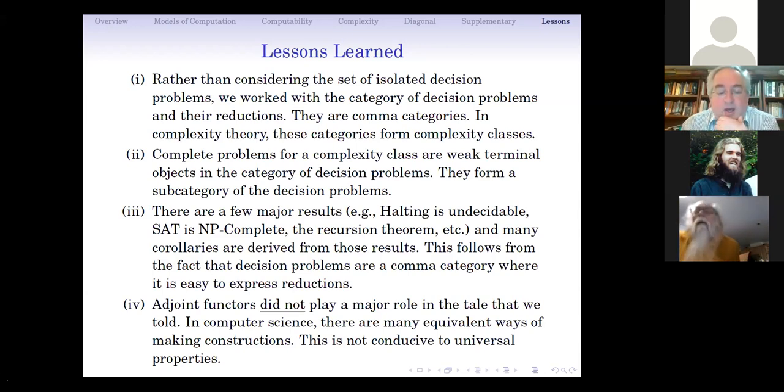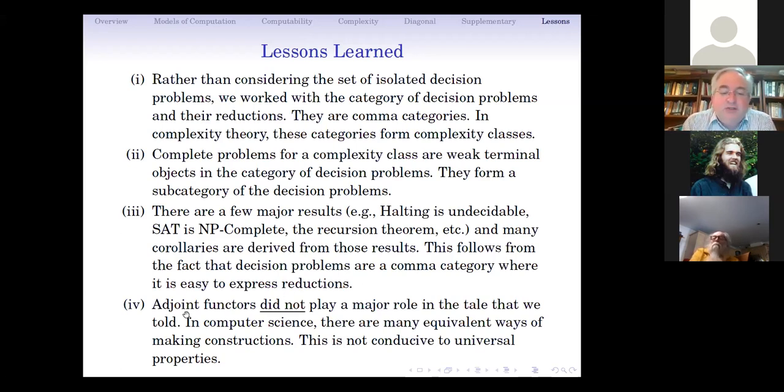There are a few major results: Halting is undecidable, SAT is NP complete, the recursion theorem, and many corollaries are derived from these results. They just fall out from the way we set up the problems as decision problems and comma categories. It falls out of composition.